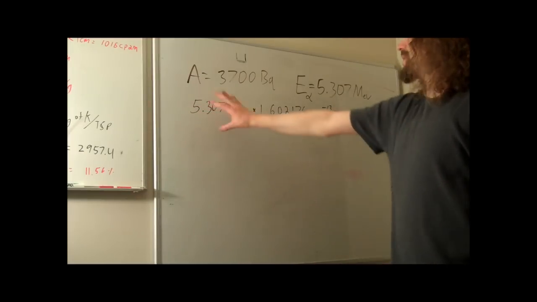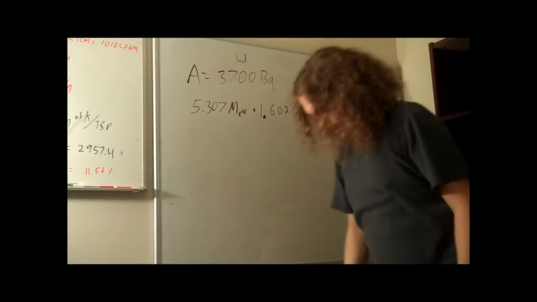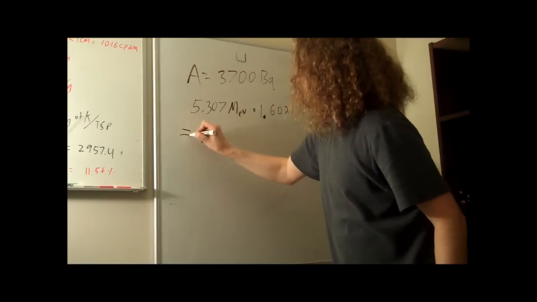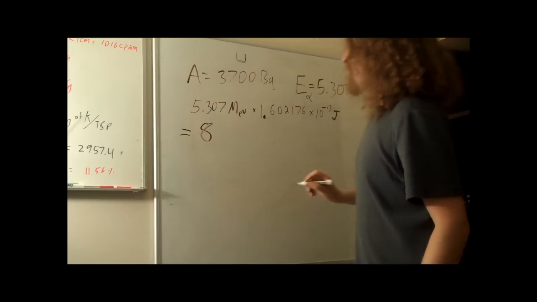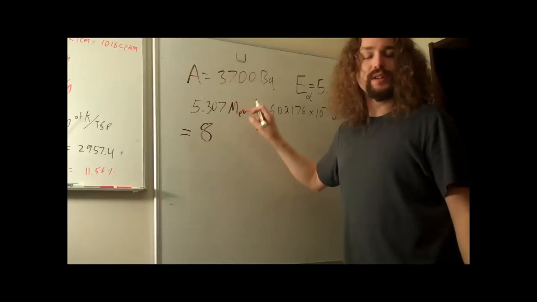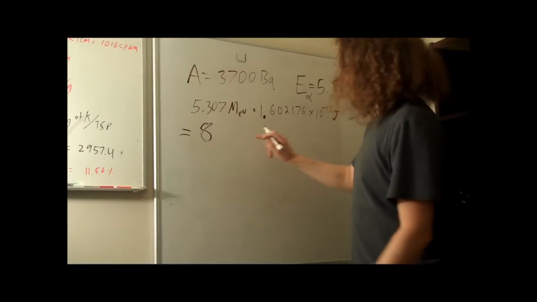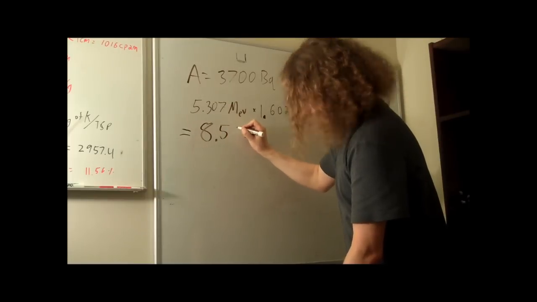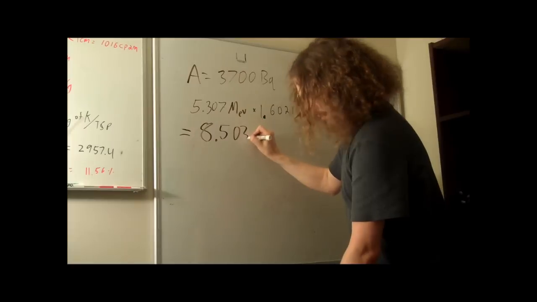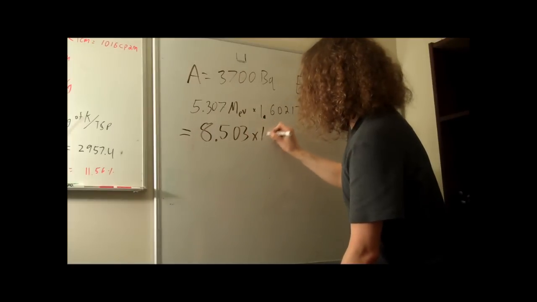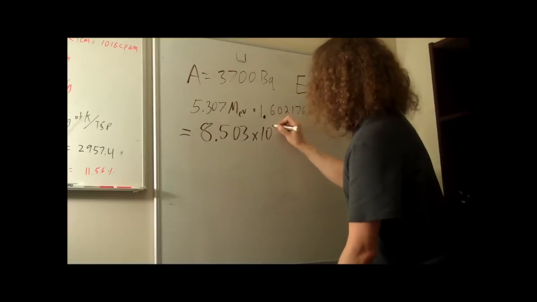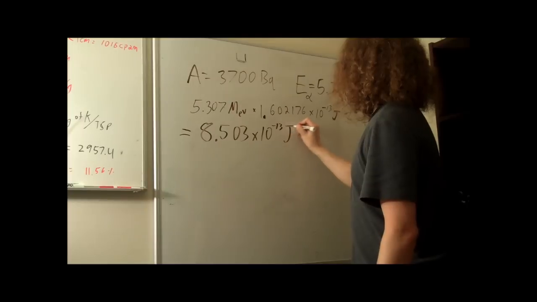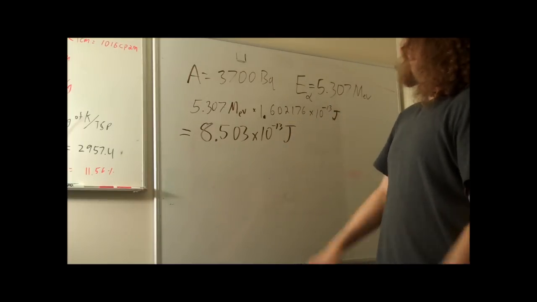So it's going to come out to like 8. Every single alpha particle coming from that polonium produces 8.503 times 10 to the negative 13 joules.